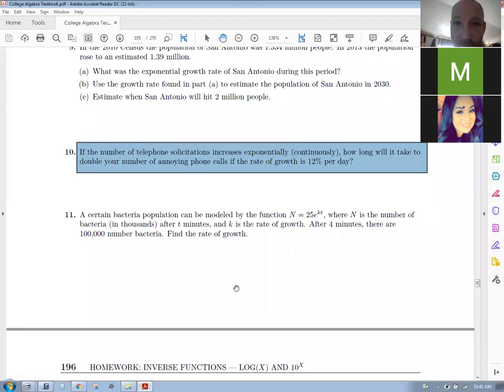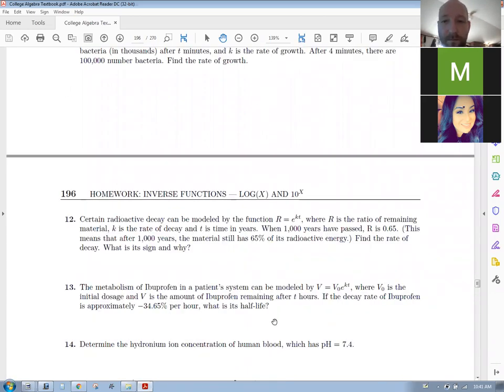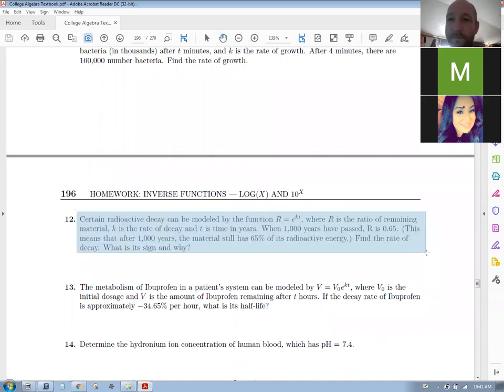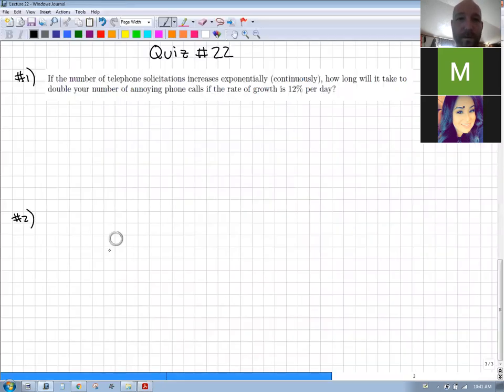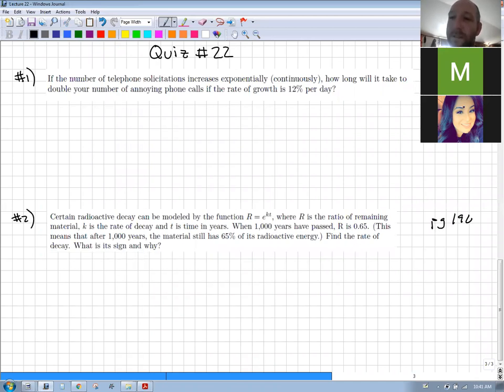Pick out another one here. Do number 12 here. This one's from page 196. It's 10:41, so 15 minutes. It'll be 10:56. We will get back together.